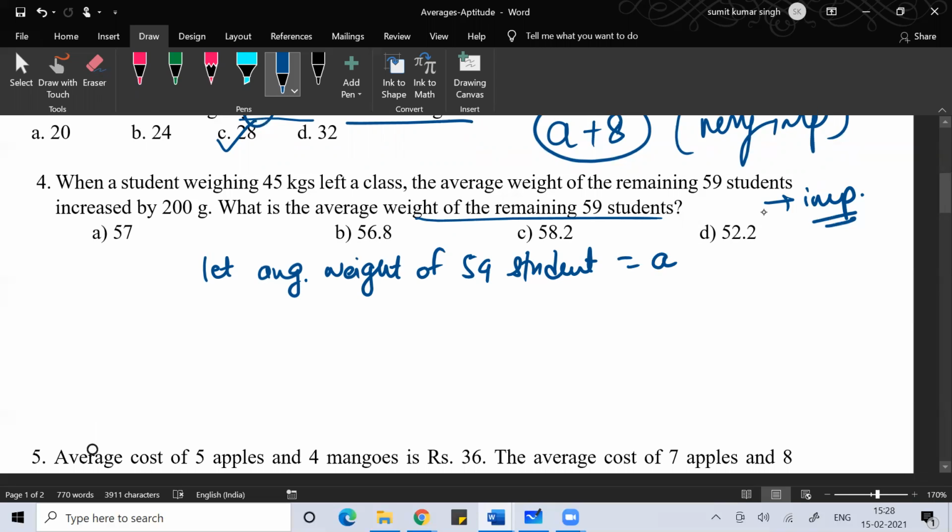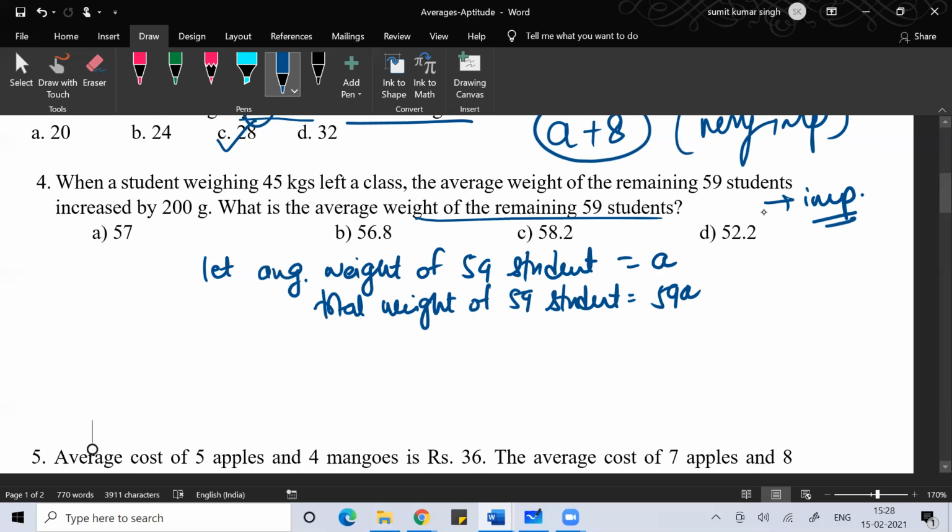Then the total weight of 59 students will be 59A.